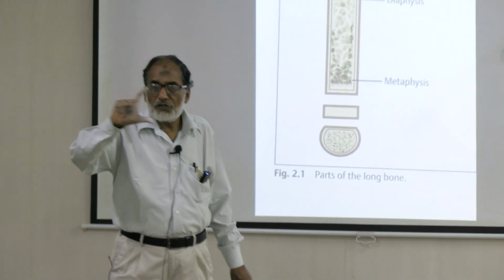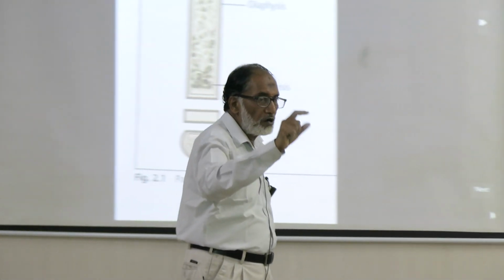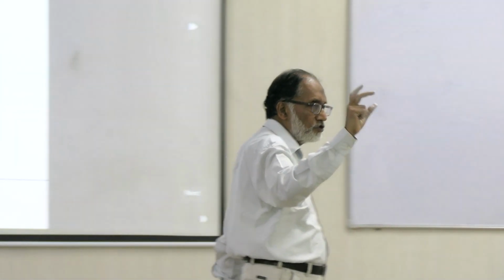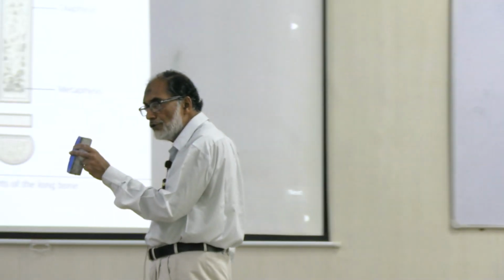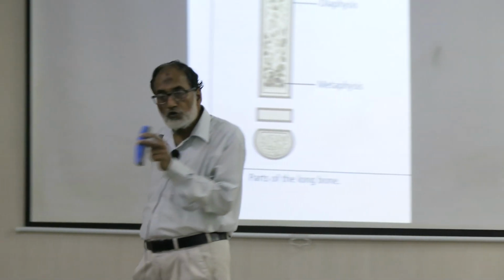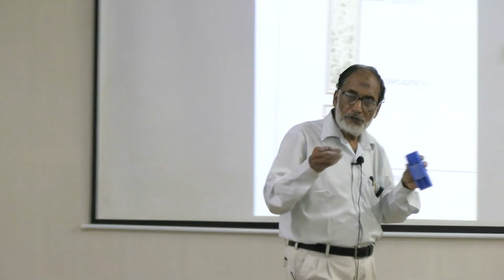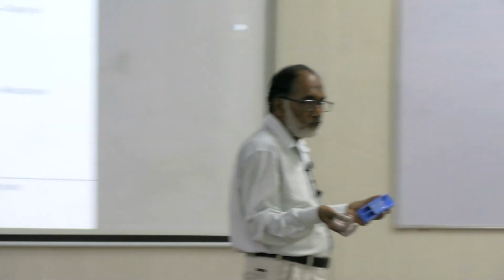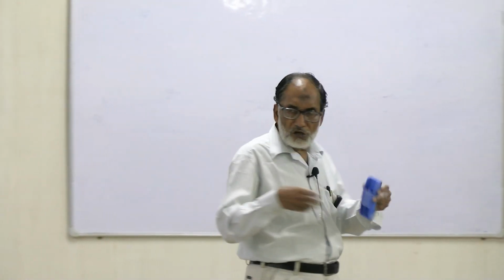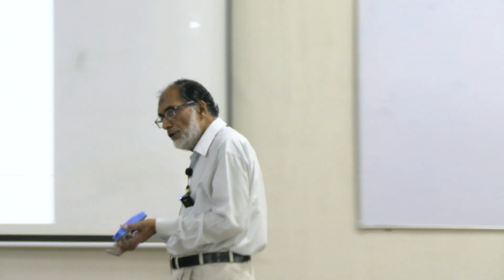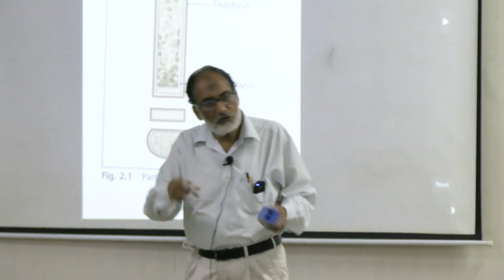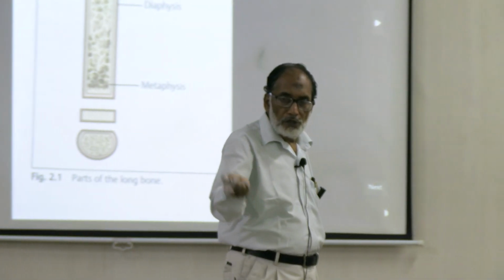Within this area, some tumors develop. One tumor is known as chondrosarcoma. Another is known as osteosarcoma. They are malignant growths called sarcoma. In case of connective tissue we call it sarcoma; in case of epithelial or glandular tissue we call it carcinoma.